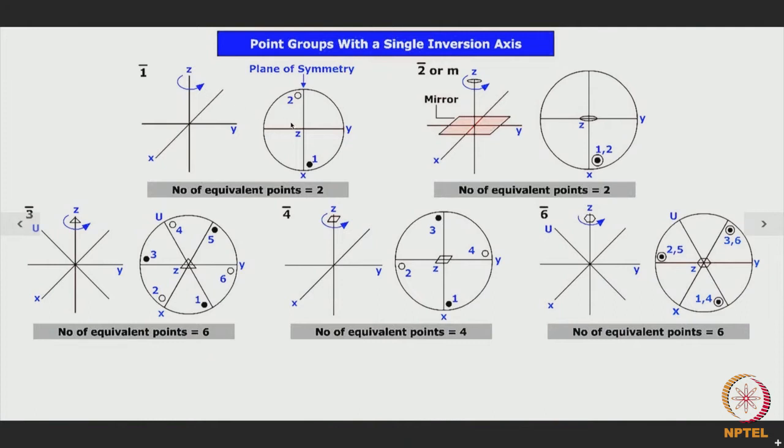Now, if we do that, the location of z will be right at the center of the projection, y will be here and x will be here. Now, if we have a point 1 as shown here, then due to the one-fold inversion axis, it will go 180 degrees from here, but at a different level, because as it goes through the central point, the level of the point will be different.